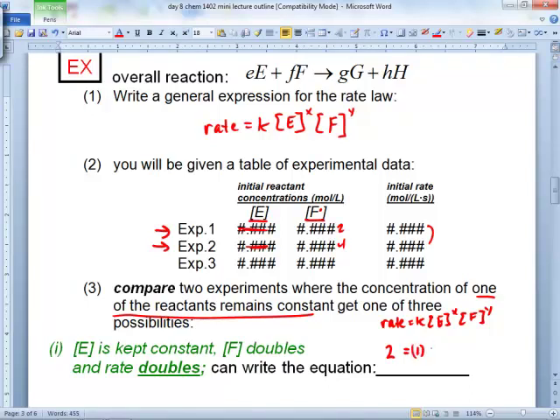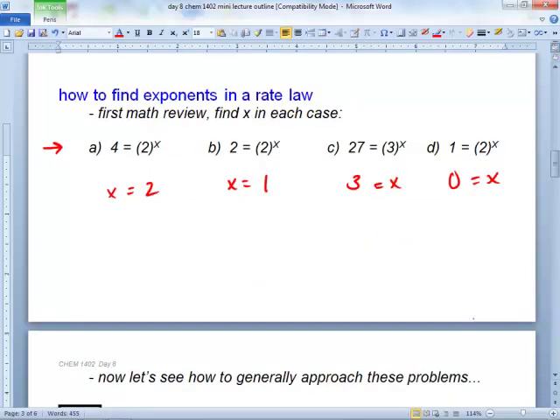E stayed constant, but you have to raise it to the X power. But it really doesn't matter because 1 raised to any power is always 1, right? 1 raised to the third, the second, the fourth, whatever. It's always 1. But F doubled. So you have to put in a 2 for how F changed, but that's raised to the Y. So you see how this is starting to really look like one of these guys.